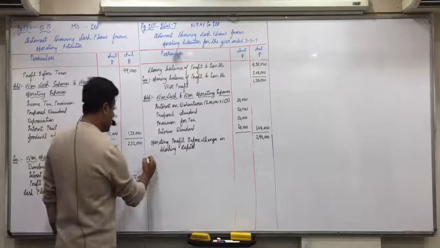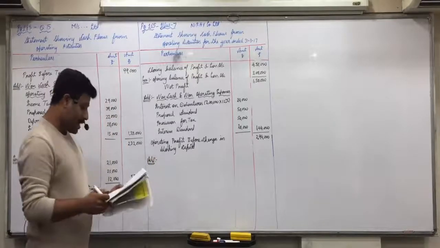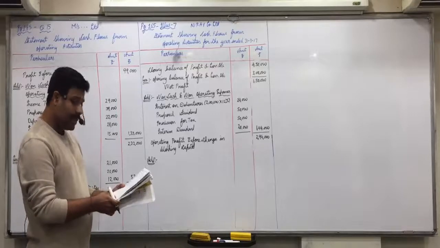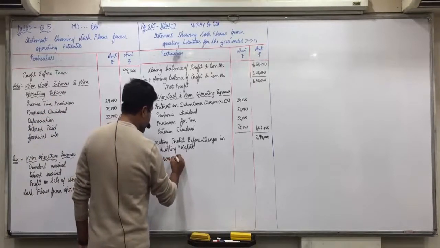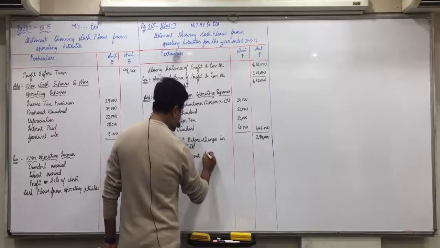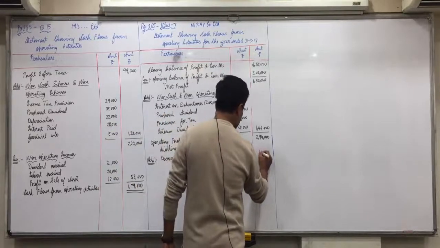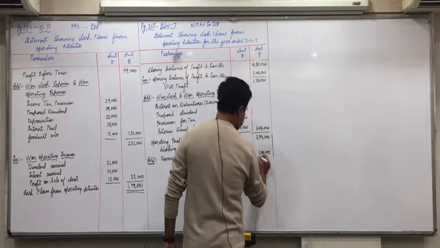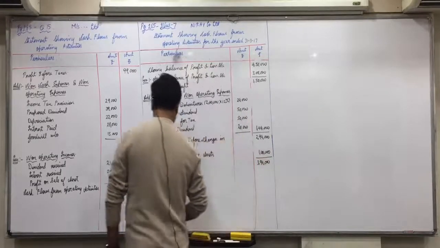Now we have to take CA and CL. In CA and CL, where did we mark it as O plus? Current assets, decrease in current assets, 1 lakh, only one item, so directly in outer column. 3,94,000.